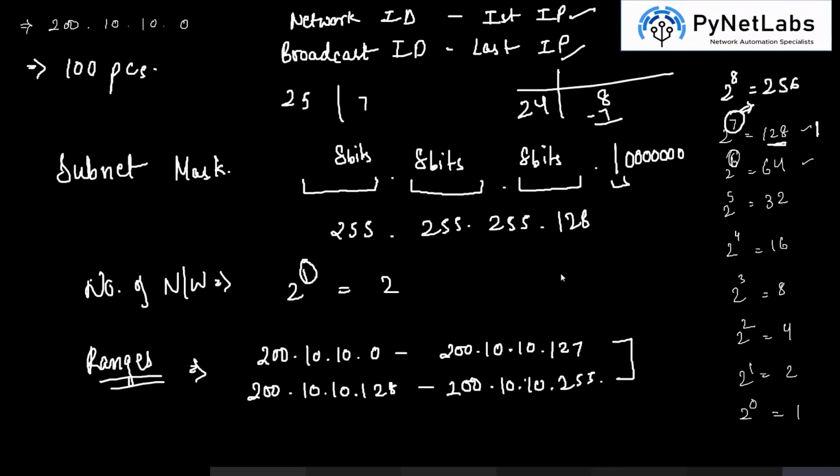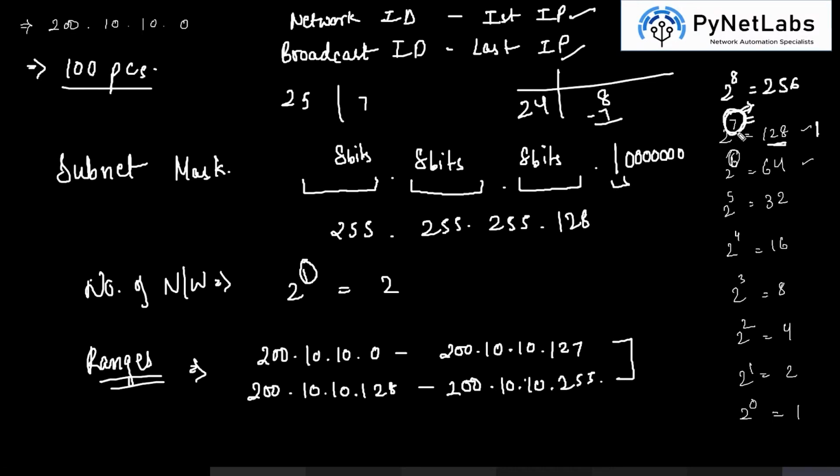So we are borrowing only 1 bit because that's the requirement. We have to look at this according to the question. In the question, it was given that 100 PCs have to be given the IP address. So we looked at the master formula and saw that 7 bits are the minimum bits we have to assign to the host so that 100 PCs can get IP addresses, right?